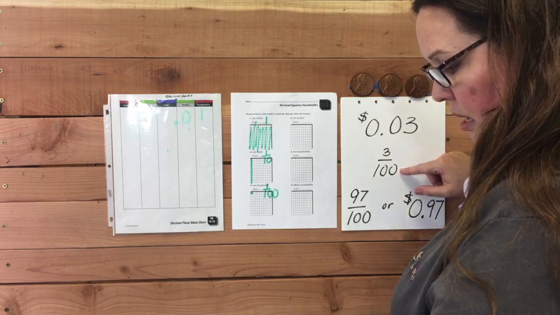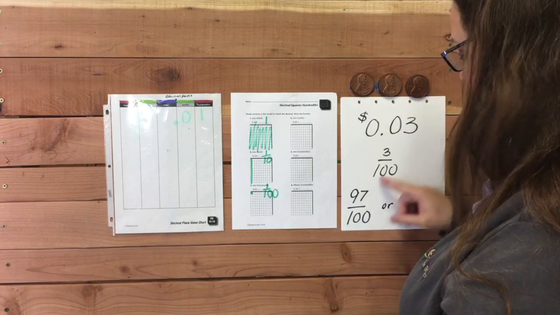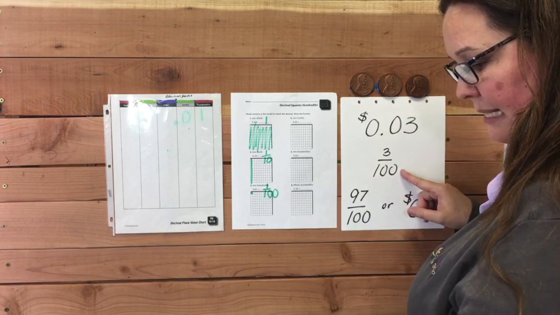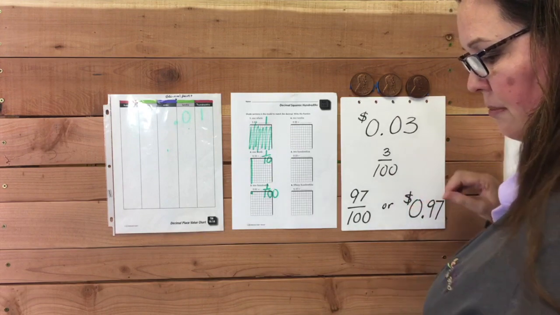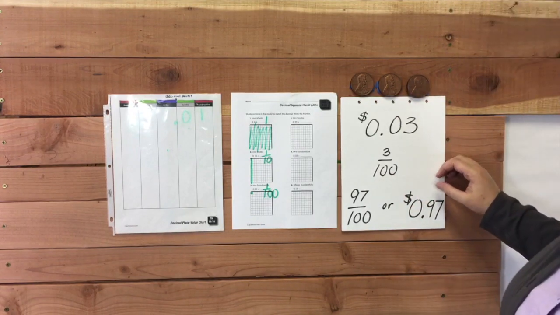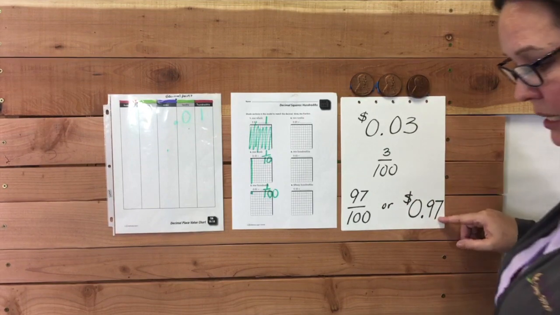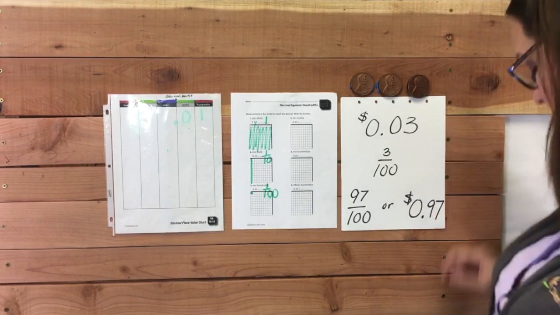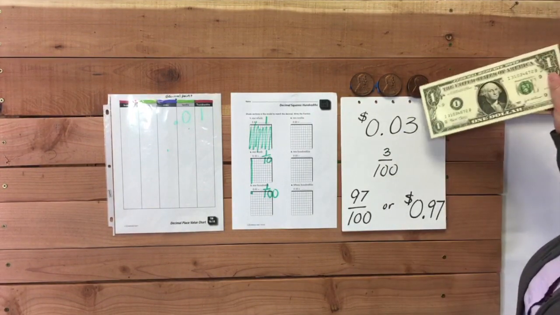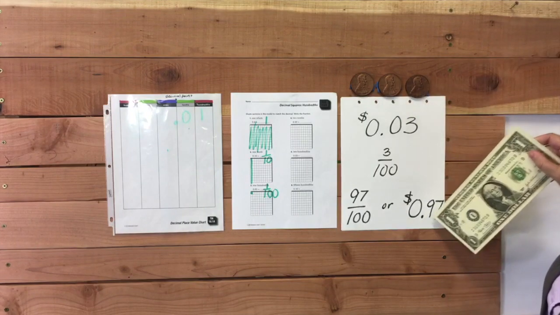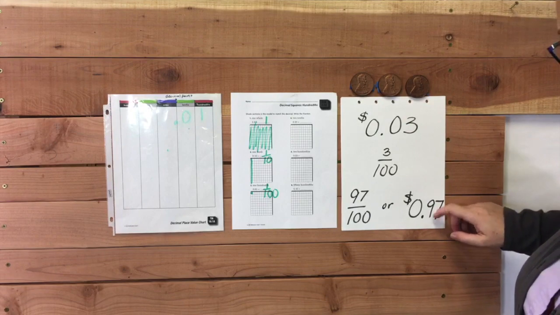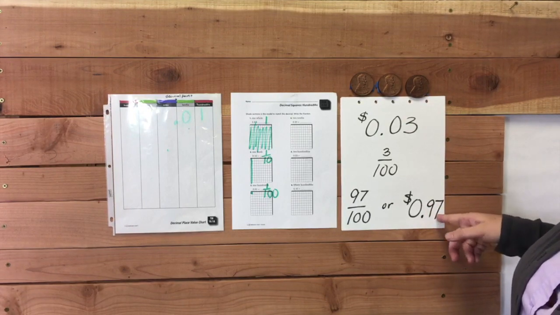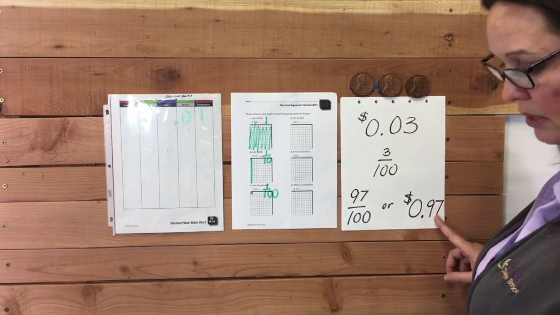And if I subtract the 3 parts from 100, I'm going to get 97. 3 cents from 100 is 97 cents. So if I were to give you a whole dollar and take away 3 pennies, I would have 97 hundredths left, 97 cents. 9/10 and 7 hundredths is what you would see.